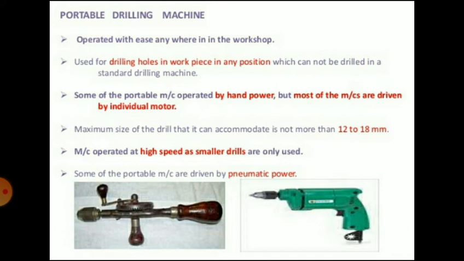But most of the machines now used by carpenters are electrically operated drilling machines. The maximum size of the drill that it can accommodate is not more than 12 to 18 mm. Only small size holes can be produced by the portable drilling machine.